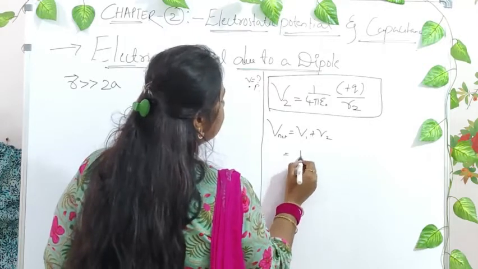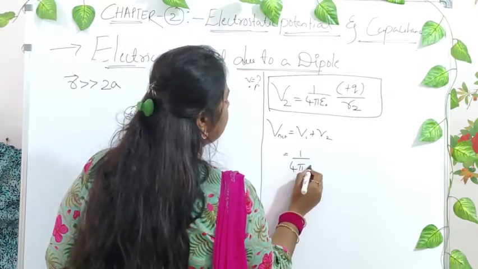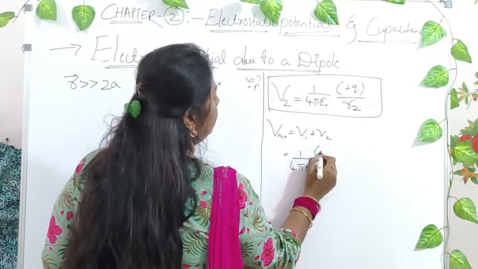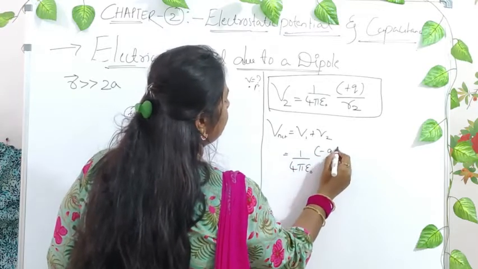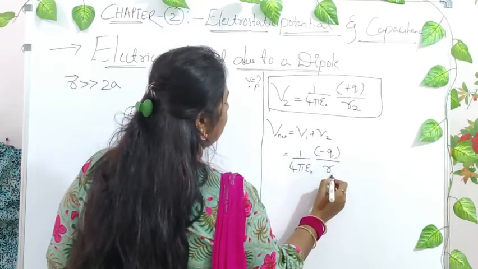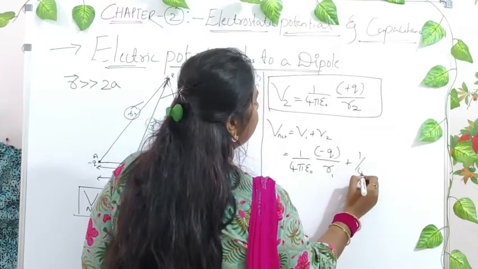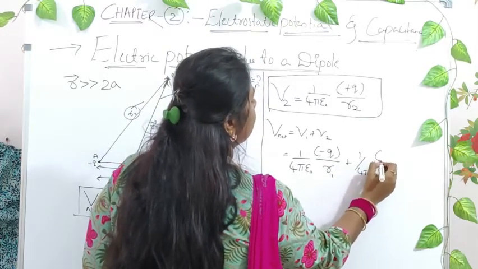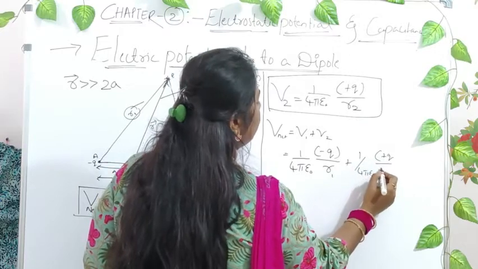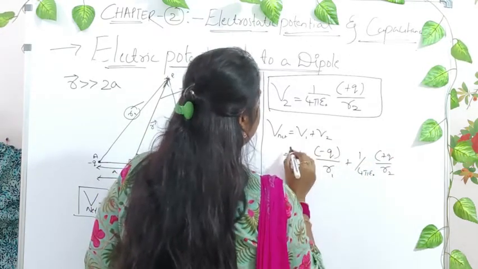So V1 is 1 divided by 4 pi epsilon naught, minus Q divided by R1, plus 1 divided by 4 pi epsilon naught, plus Q divided by R2, right?